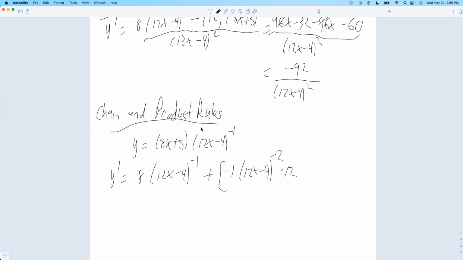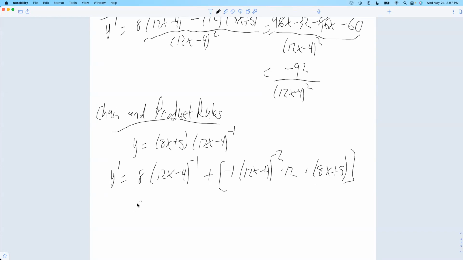So that's just chain rule on this guy, and I still got to multiply that by the first. Derivative of the first times the second, plus derivative of the second times the first. Now, look at that. This does not look as pretty as that did. Oh, this is kind of nasty.